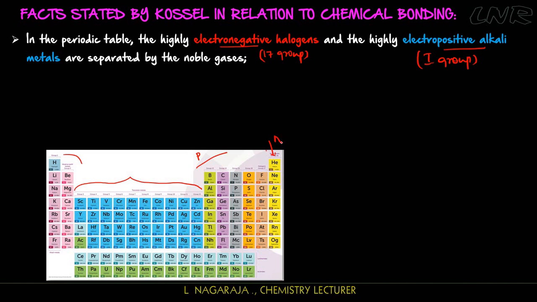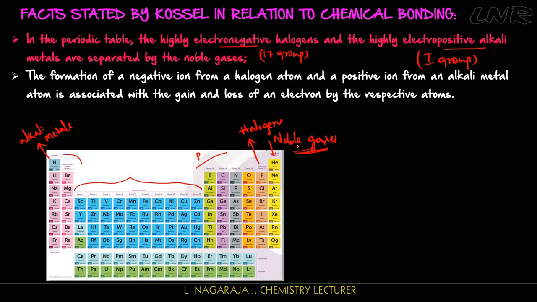So this noble gases group separates the halogens and the alkali metals.